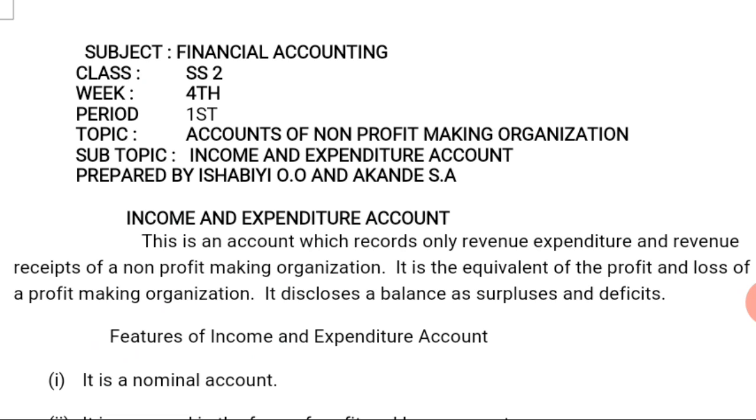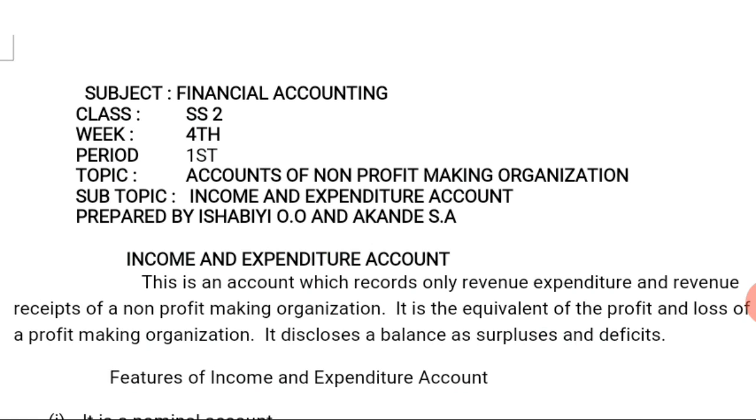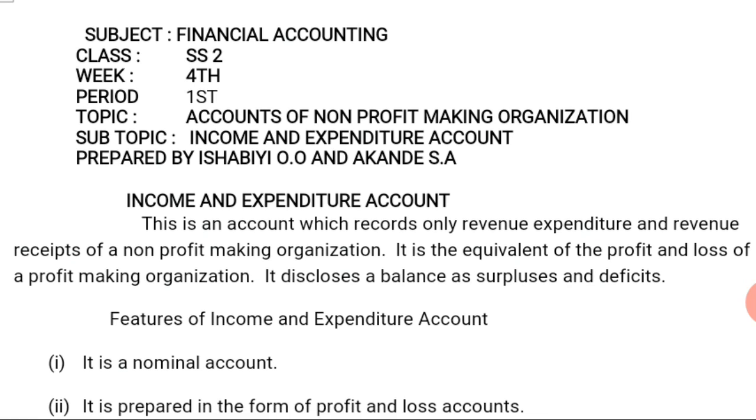The last time we met, we introduced the topic accounts of non-profit making organizations, where we discussed that non-profit making organizations are clubs, societies, and charitable organizations which provide welfare services to their members, as well as promoting group activities.